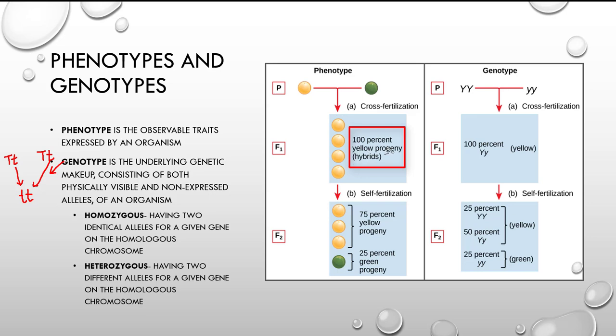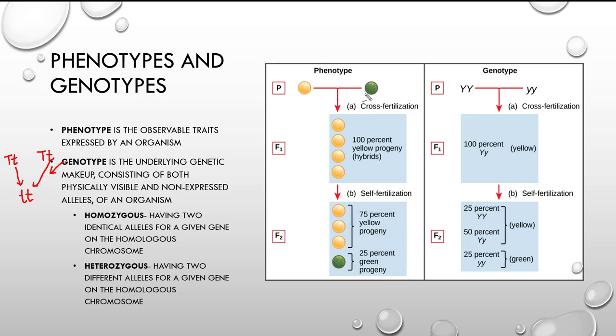So 100% yellow. But then we allowed them to self-fertilize and looked at the seeds that were produced, and about 75% of them produced yellow, 25% produced green. So that's the phenotype.